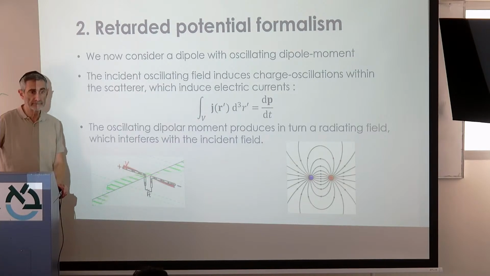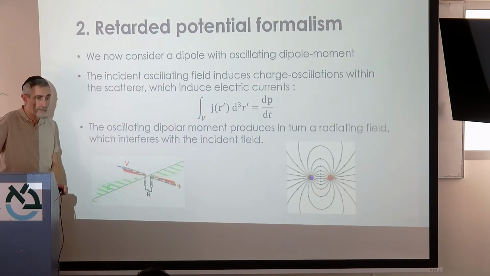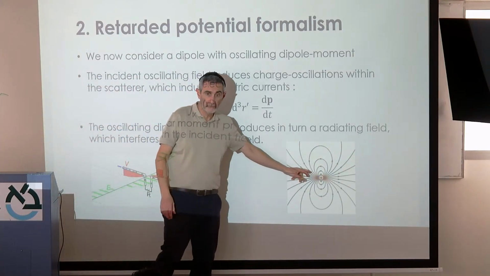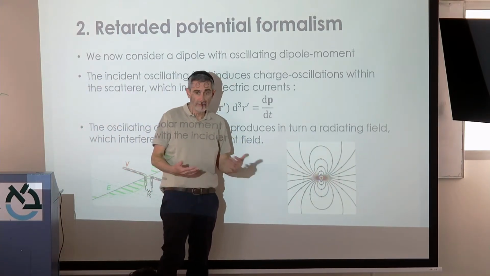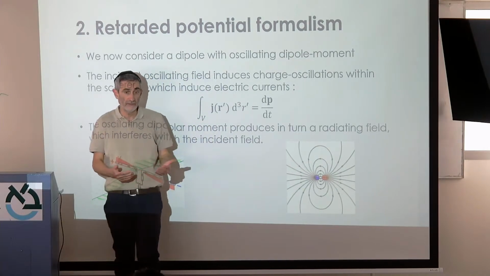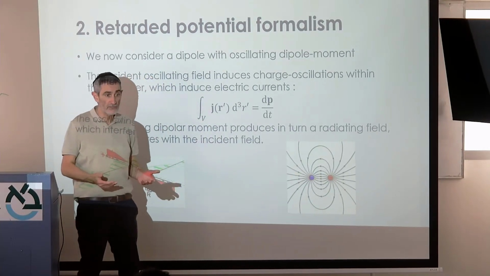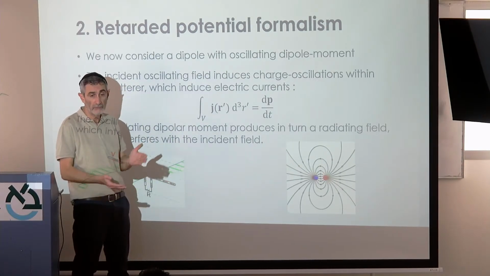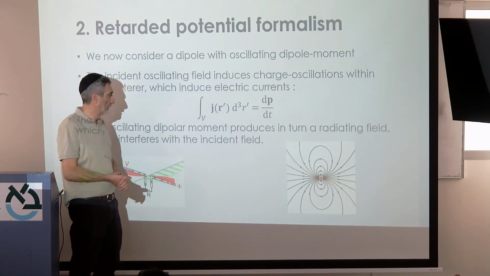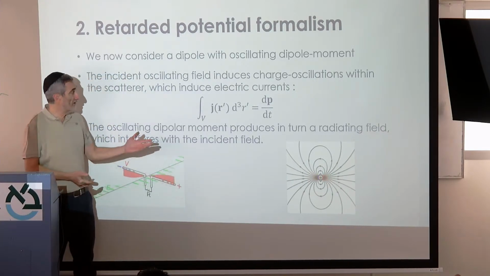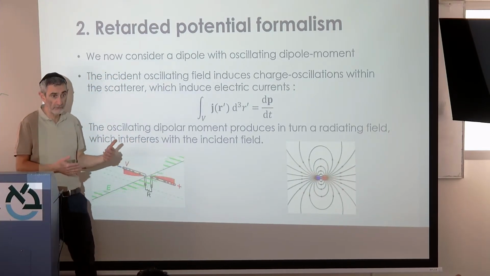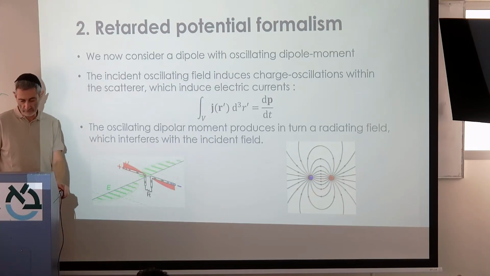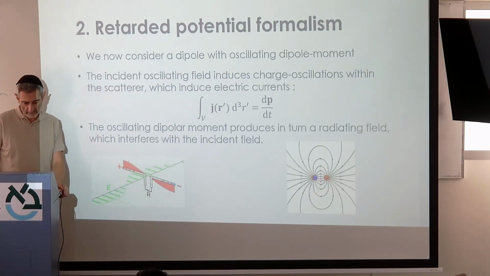The incident field is responsible for the oscillation of the dipole, because it's not static. The incident field changes with time, so it oscillates with time. So the dipole also will oscillate with time. And this generates a correction, which is the retarded potential that we learned and that we are going to describe in more detail here.